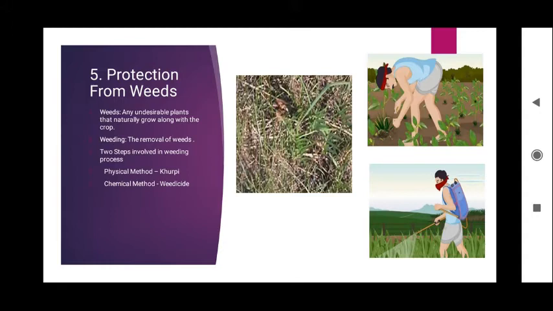This is the best time for weeding, or else the weeds may damage the growth of the crops. So once we protect the crops from weeds, they will grow into healthy crops.